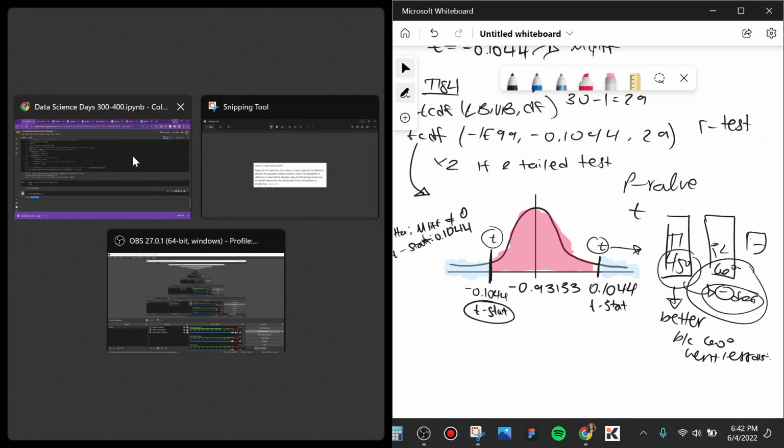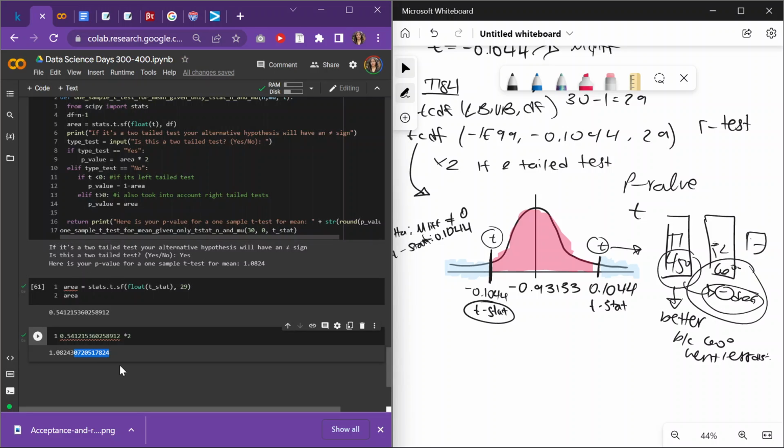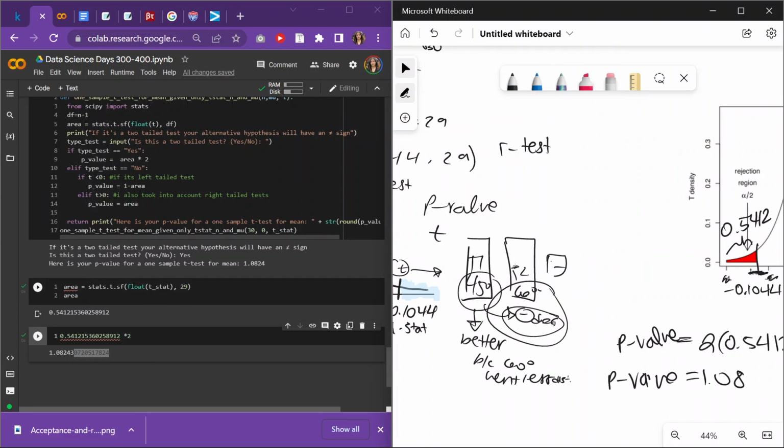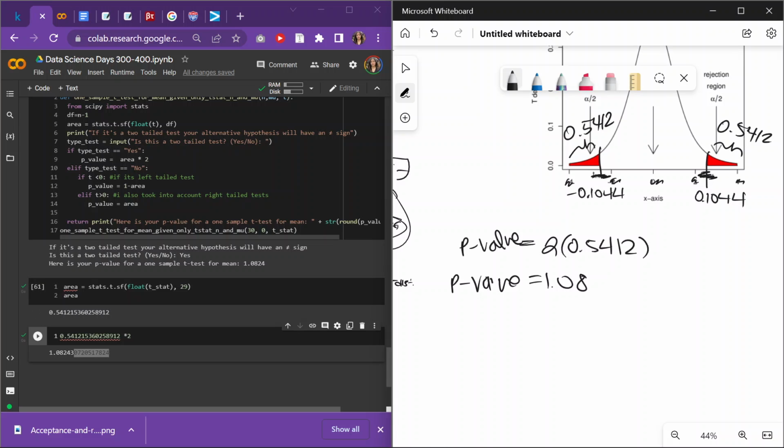Right. So we get 1.0824. Okay, so we get 1.0824, and that's our p-value.